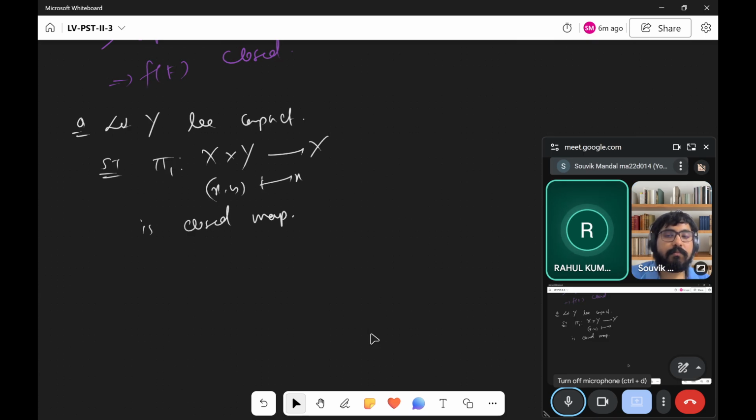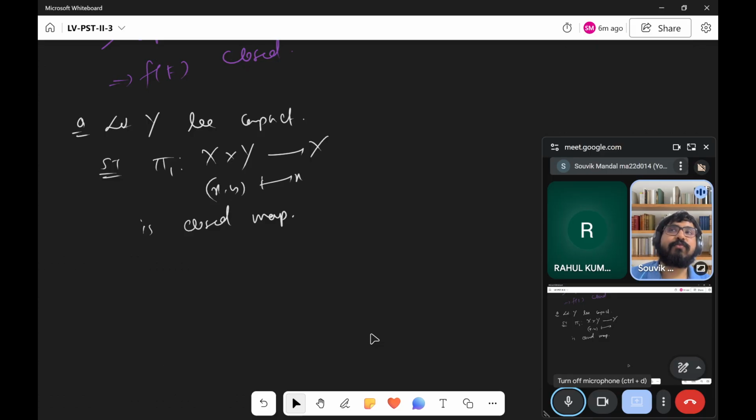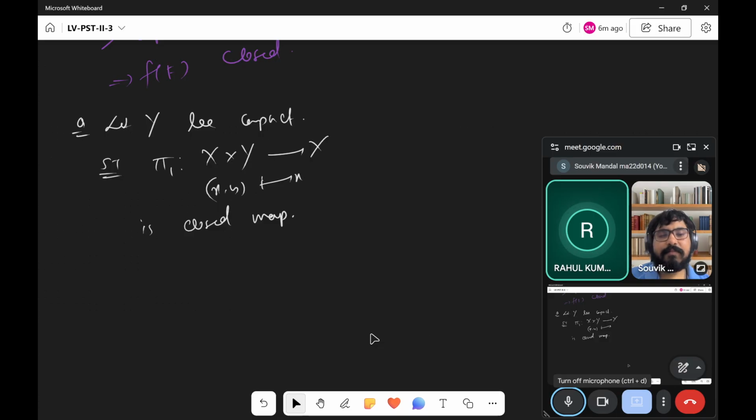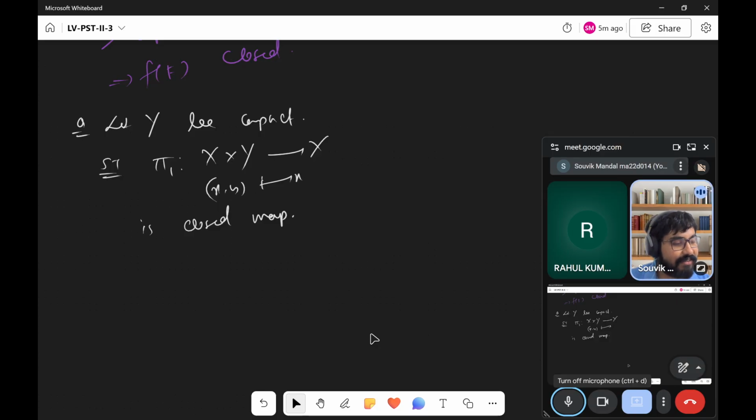I'm not getting that point. So the question tells us to show that pi 1 is a closed map, right? So basically what we need to prove? We need to show x is closed. No, x is a set, but here it is a closed map.